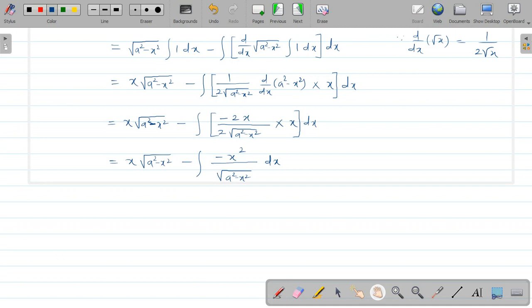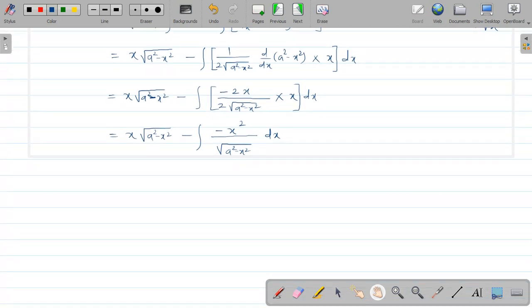Now while integrating the term, that is here x square upon root of a square minus x square, whenever the degree of the numerator and degree of the denominator is same, see here the degree means index of x, maximum index of x is 2 here. So degree of the numerator is 2 as well as degree of the denominator is also 2.